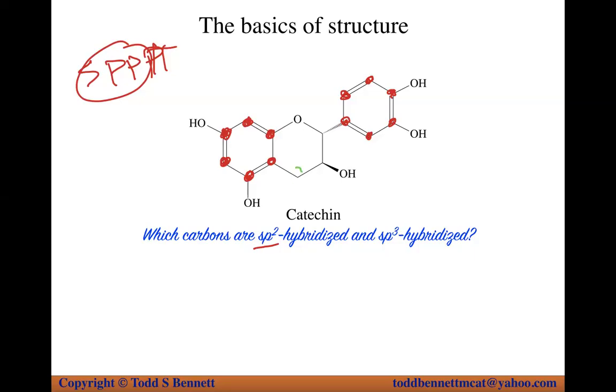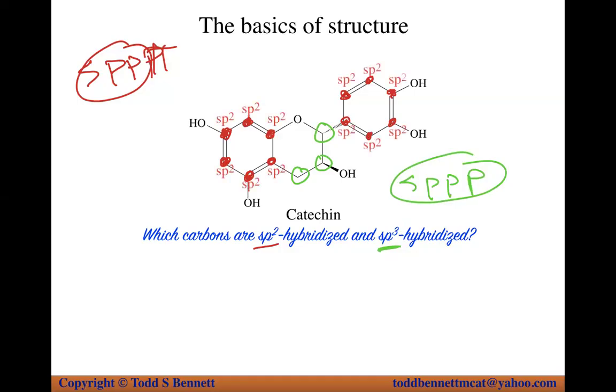For the ones without pi bonds, ones which required us to draw two H's or to have two things coming off, there are no pi bonds, so those are sp3 hybridized. So recognizing in structure sp2s and sp3s, hopefully this is pretty straightforward in how we're going to apply our structure knowledge.